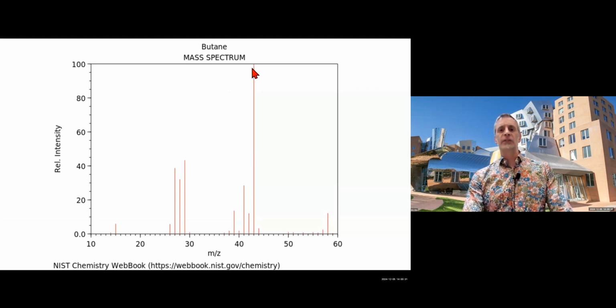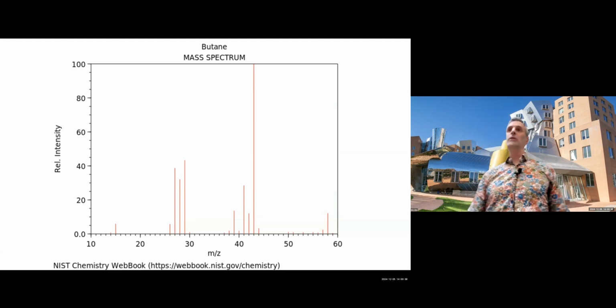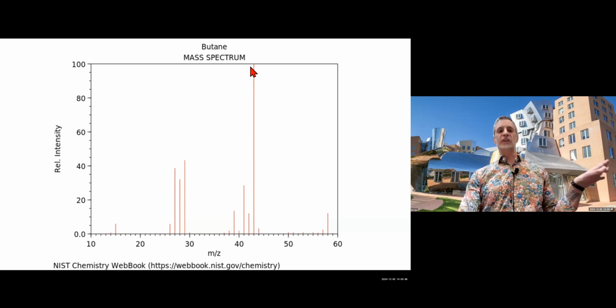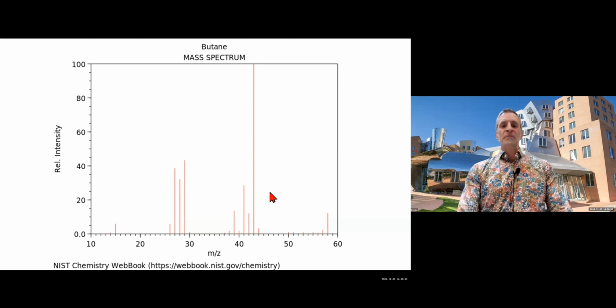This is what's called the base ion. It's the ion for this molecule that, using this technique, has the highest intensity. And so we just scale that to be 100%, and then we measure everything relative to 100%.